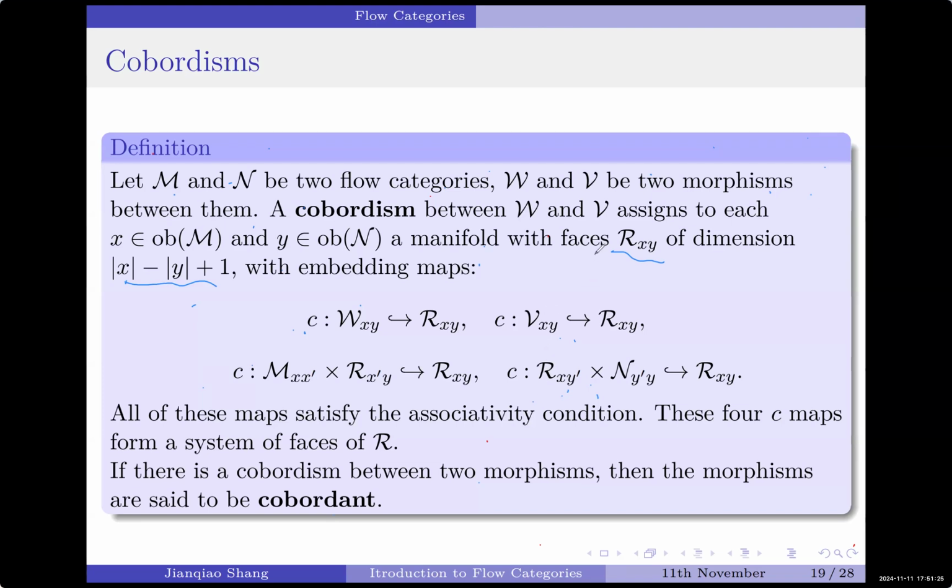It's just a pointwise cobordism, but we have such embeddings from the system of faces. Yeah, so that's a cobordism.